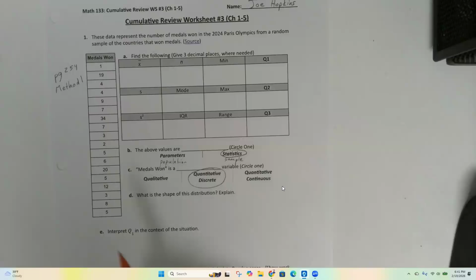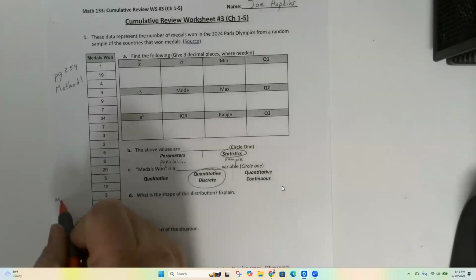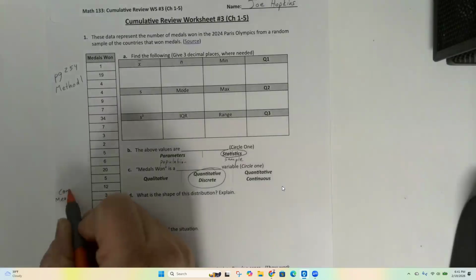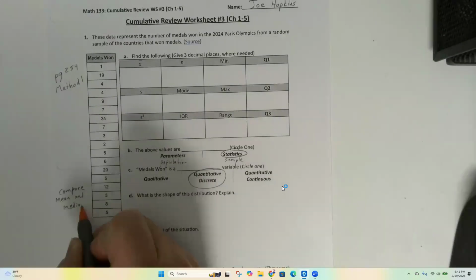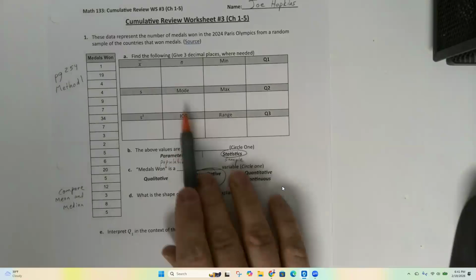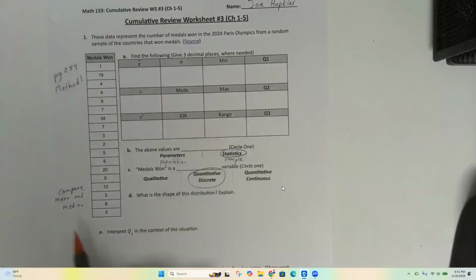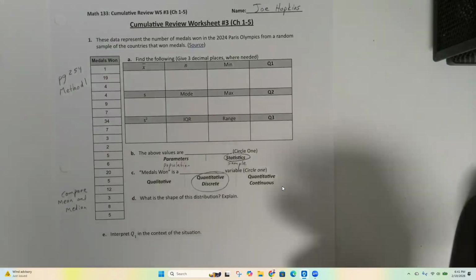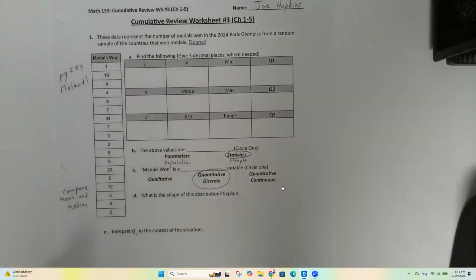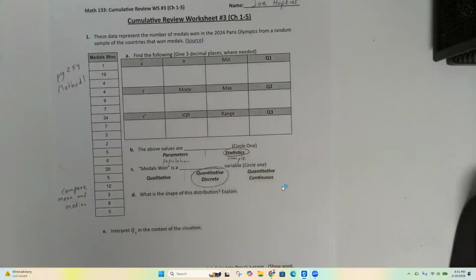So instead, you can compare the mean and the median, which you're going to get from part A, right? So that's what you should do here. If you have a box and whisker plot, you can also look and say, are there dots for outliers? Is this whisker or this box bigger on the left or right? Okay.